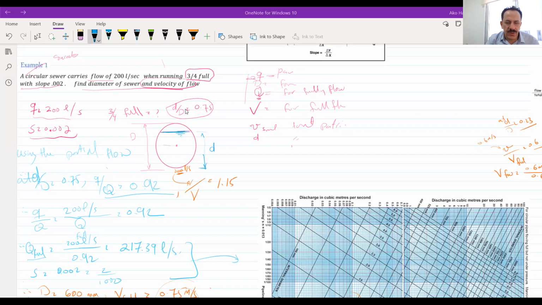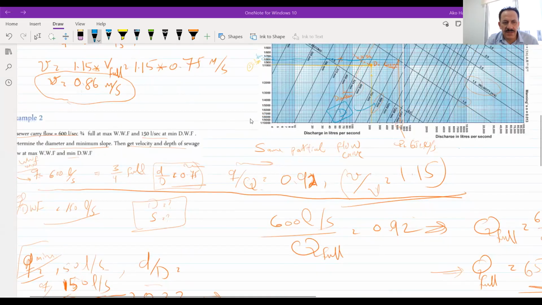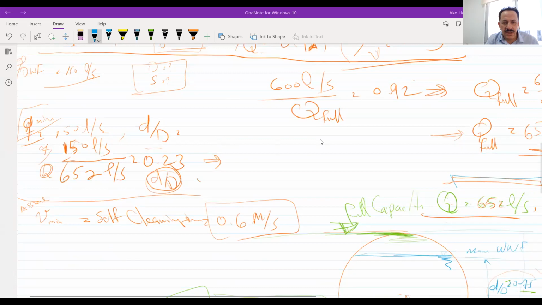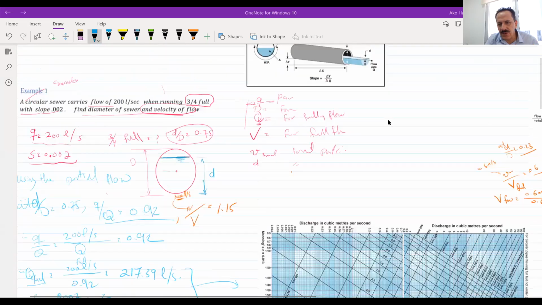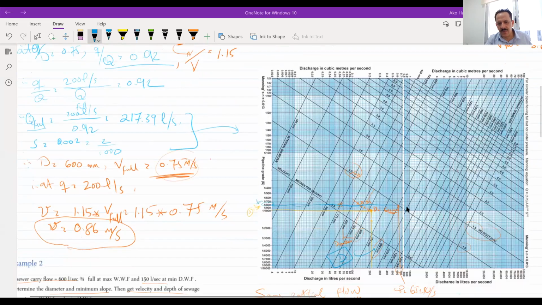The d over D represents the depth of flow divided by the diameter of the sewer, and it shouldn't ever be more than 1. And the other thing is that we have to have a minimum velocity, and we have to check using these partial flow charts that we have.